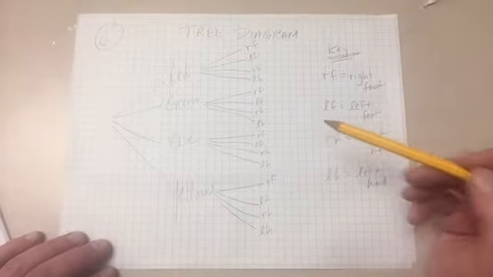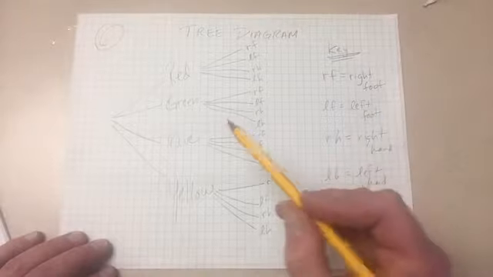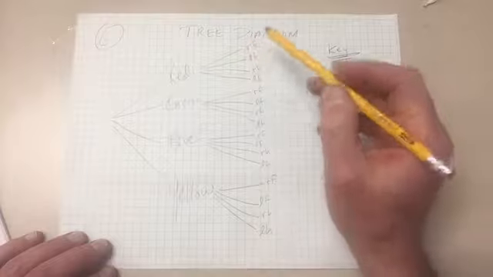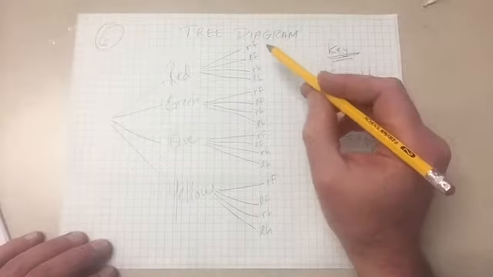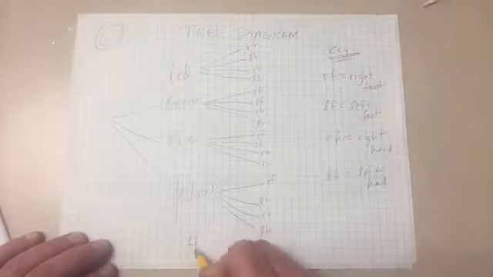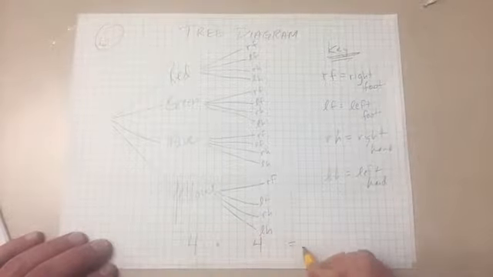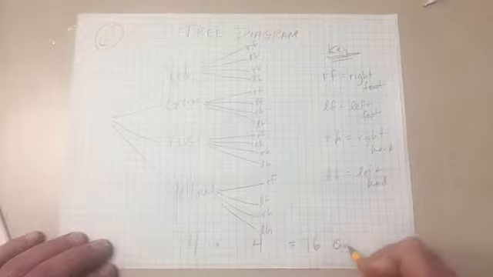Now a quick way to find out the number of outcomes would be to multiply the number of choices in the first event times the number of choices in the second event. So you would do 4 times 4 to get 16 outcomes.